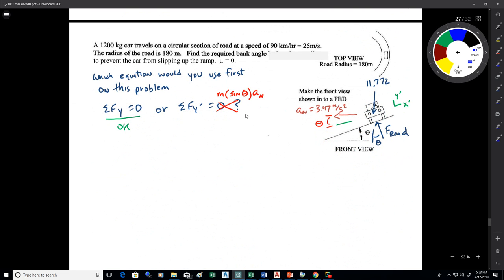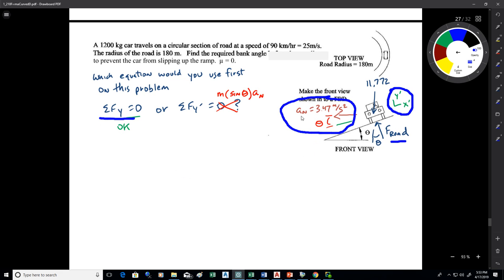All right, now here's the deal with this one. When I'm finding the force of the road, I really don't want this normal acceleration in the expression. Even though I'm on a banked track and I tend to want to use an axis system like this, on this particular problem, I don't think I would. I think I would stick with just a straight sum of Fy equals 0.